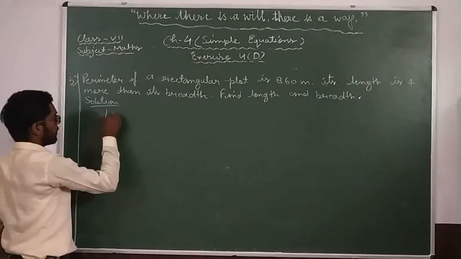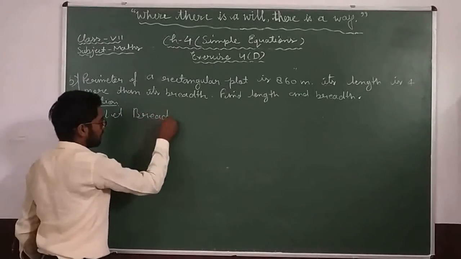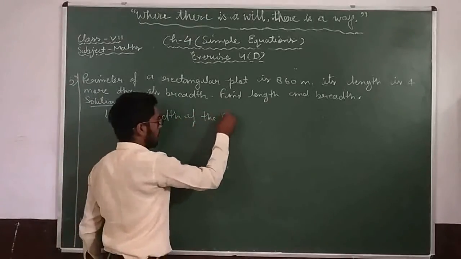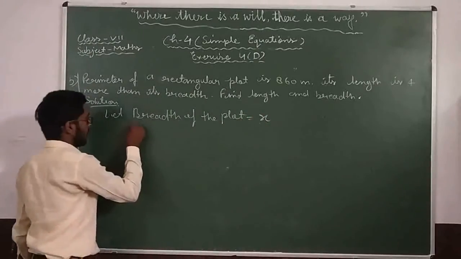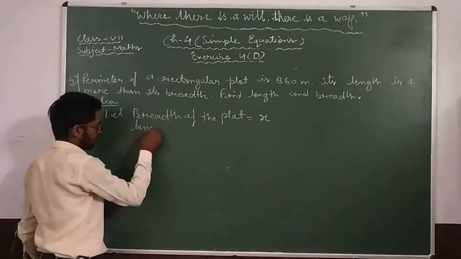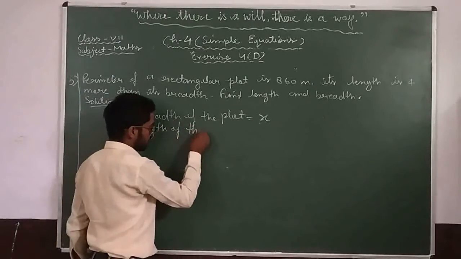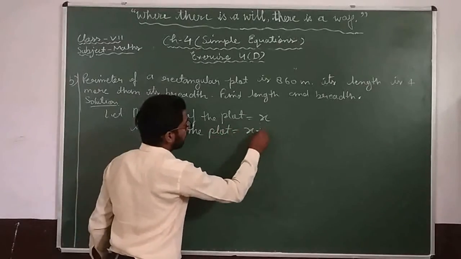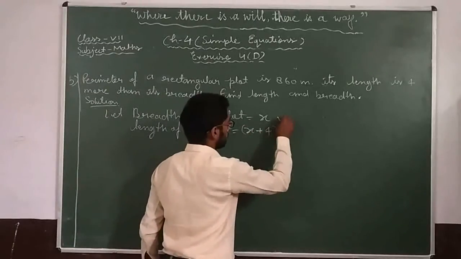So let the breadth of the plot be equal to x. The length of the plot is equal to 4 more than its breadth, means x plus 4 meters.